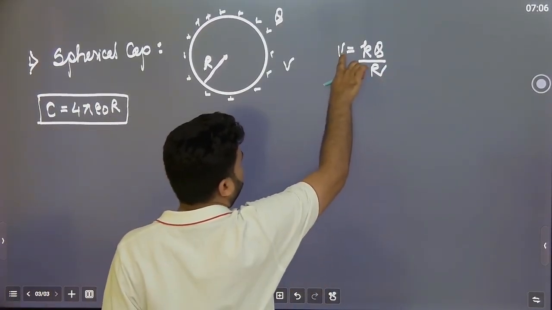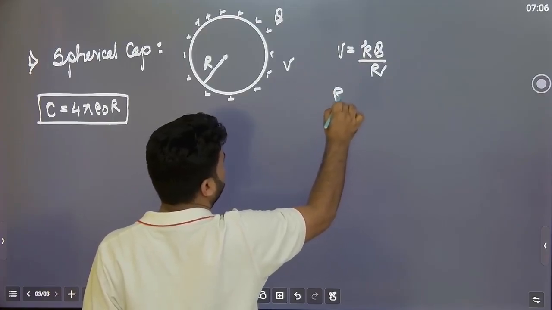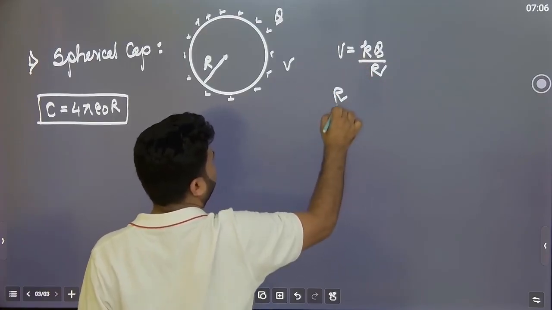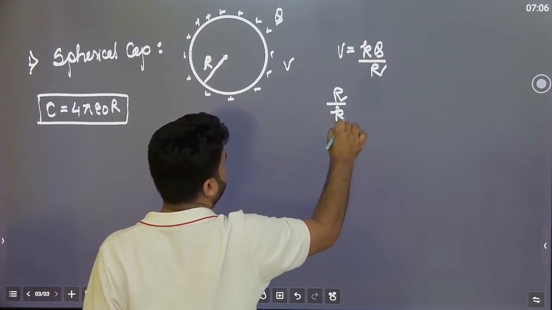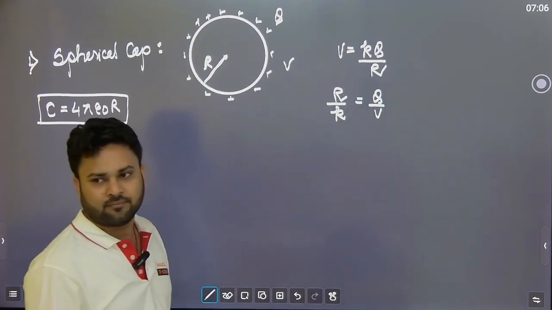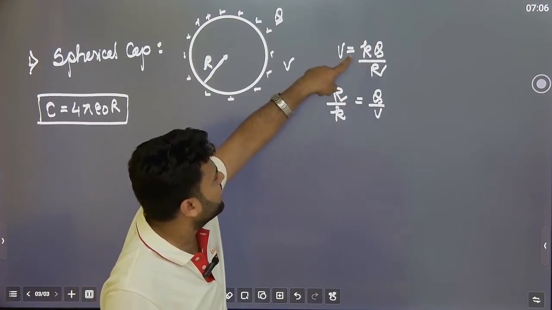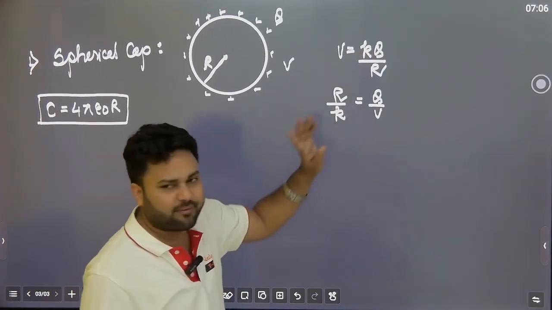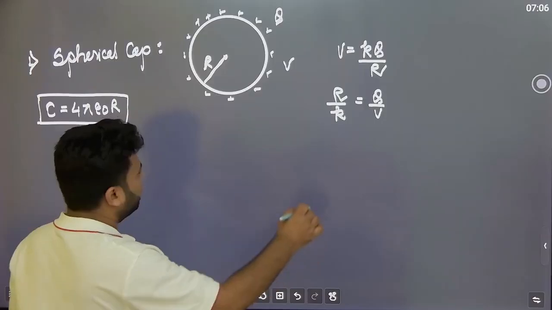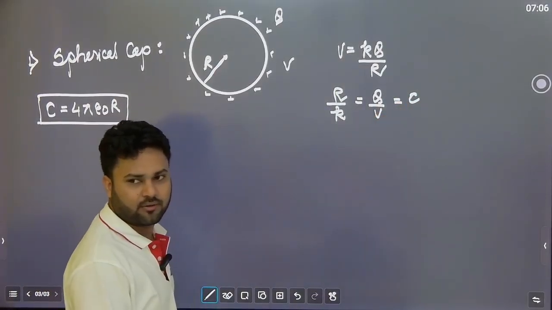So if I put here, R will go there and K will come here. R by K equals Q divided by voltage. See here, R is going there, K is coming here. So Q divided by voltage, and capacitance is nothing but Q divided by voltage.